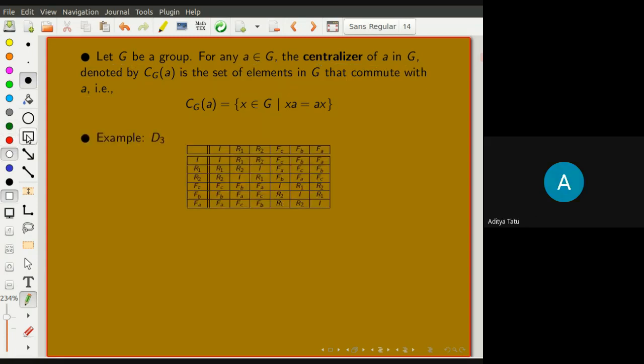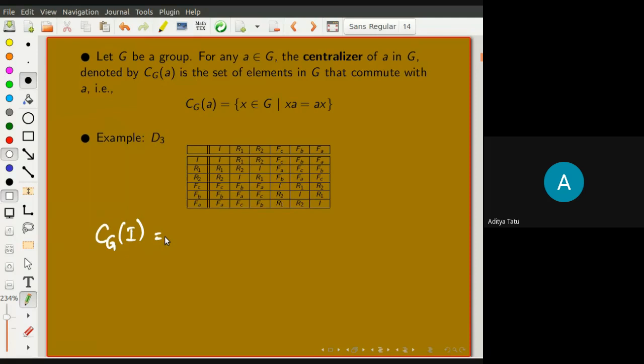So let's pick up an example. This is the group D3, symmetries of an equilateral triangle. Let's give the group table here. Let's just randomly pick an element here. It's C_G(I).